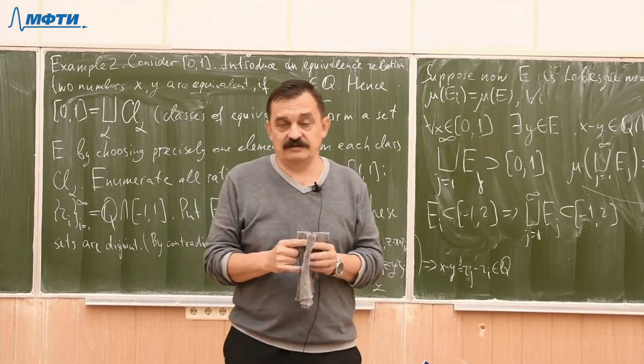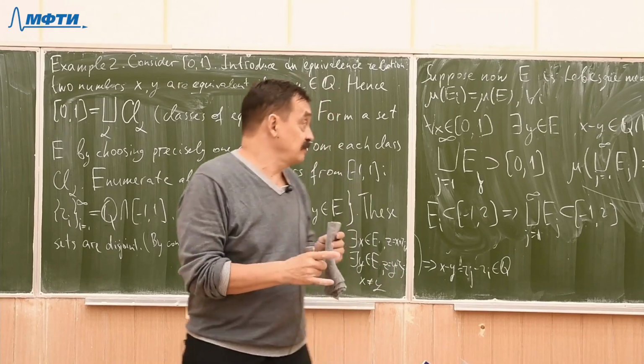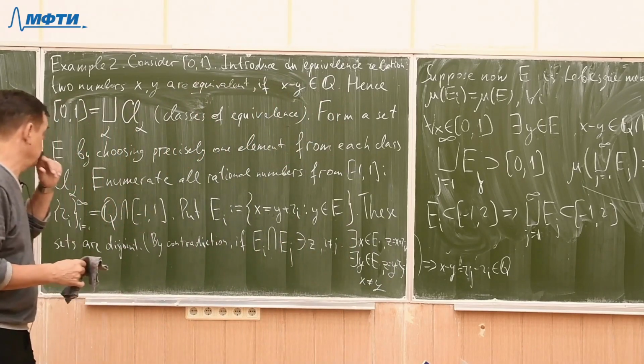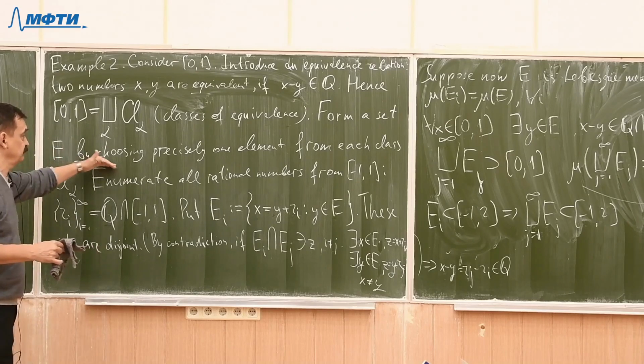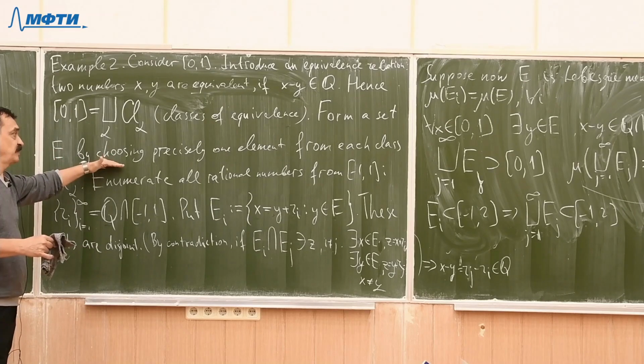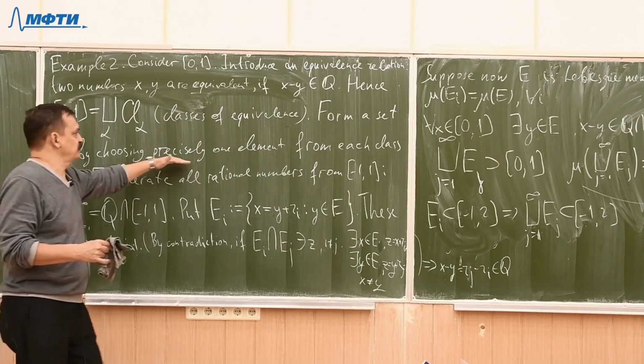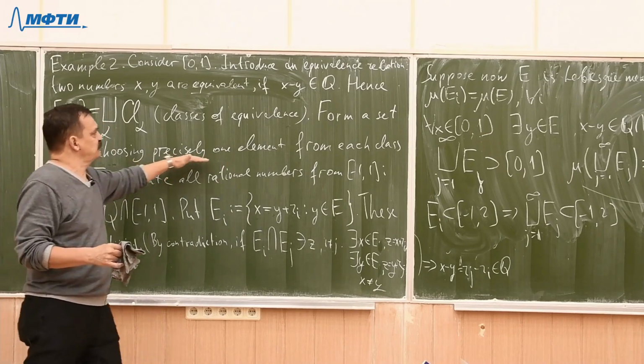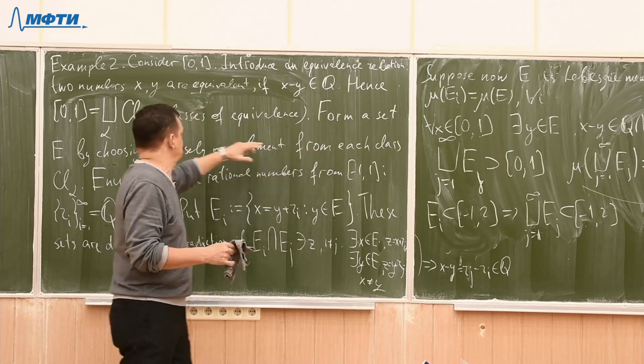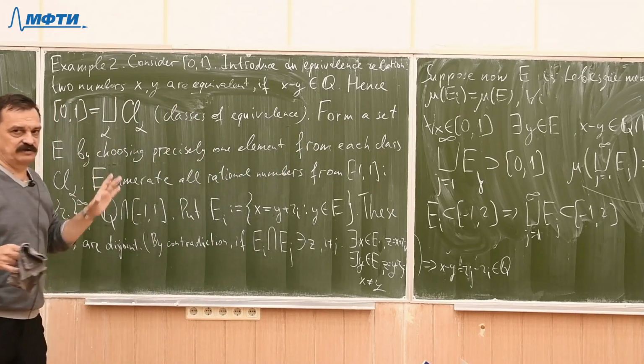And in fact, you see that the construction is very strange. I mean, we use a very non-clear procedure: how to choose precisely one element from each of uncountably many sets.